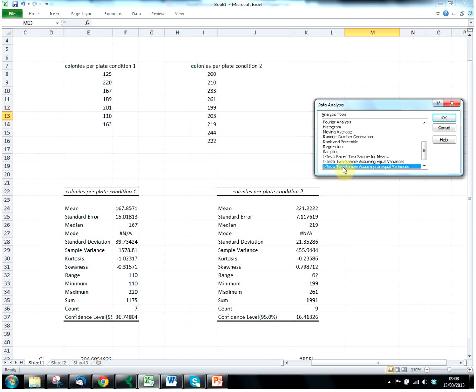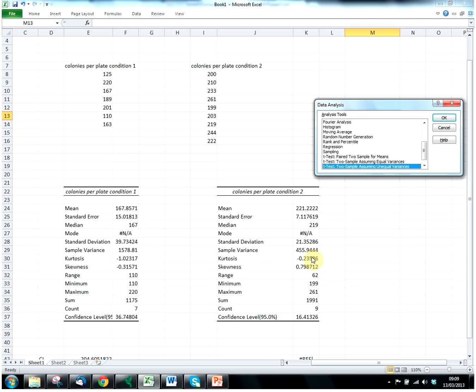So we would use a two-sample t-test, and usually we don't know about the variances. In our case, we know the variances because we've done the descriptive statistics already. So we've got the sample variance here, 1,579, compared to the sample variance here.